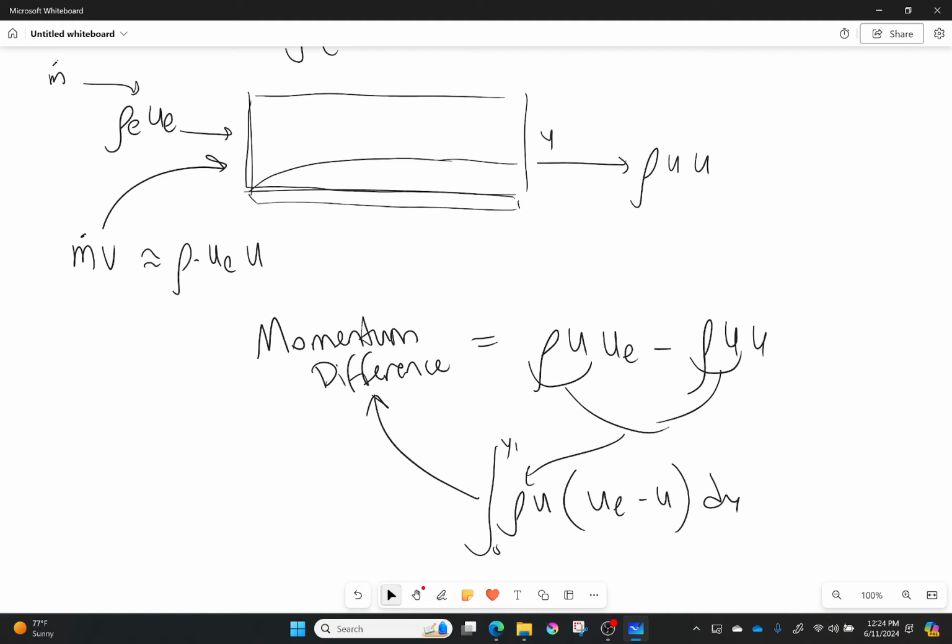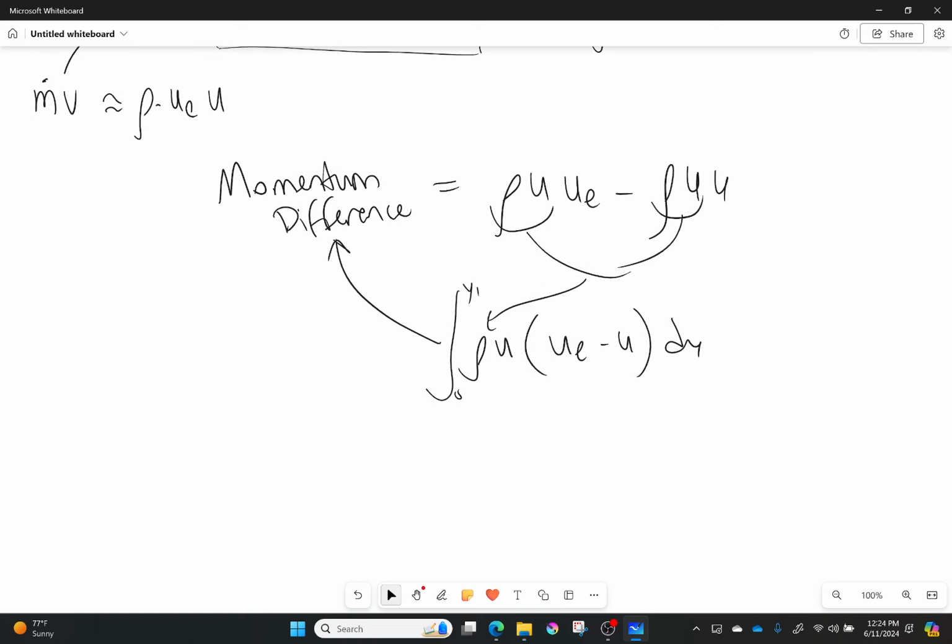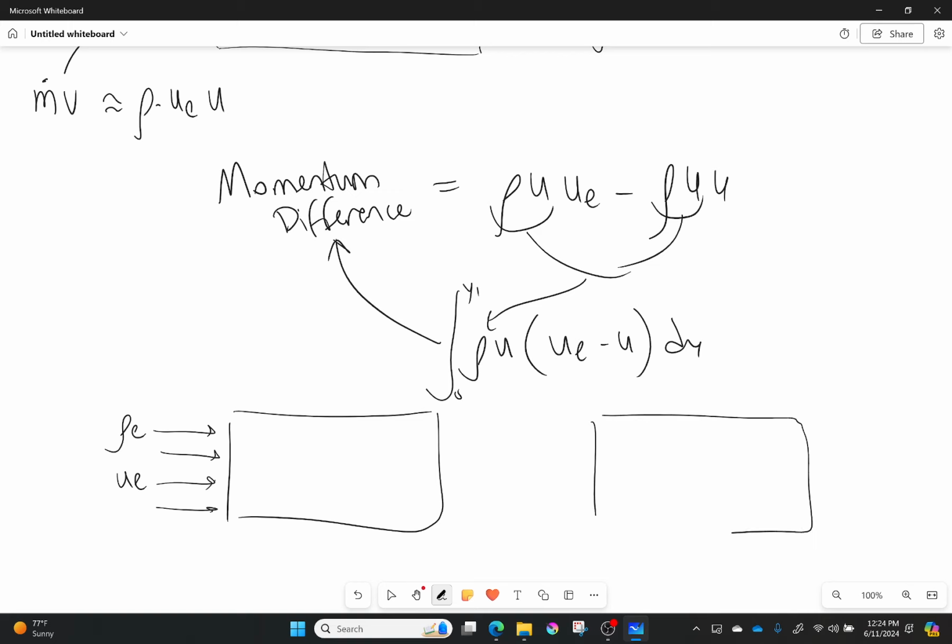And just like last time, we are now going to define a term that helps us deal with this. And so we're going to say, okay, so this momentum difference, it's the same as if I had the following. So I have a block here, and it's coming in at rho e, velocity ue. And what's happening is it's kind of like I have missing momentum at the end.